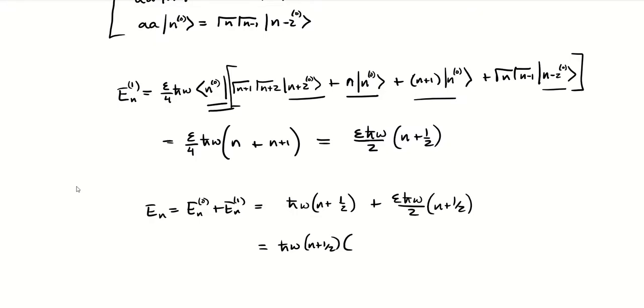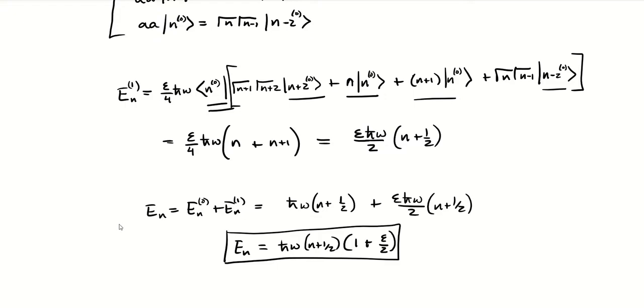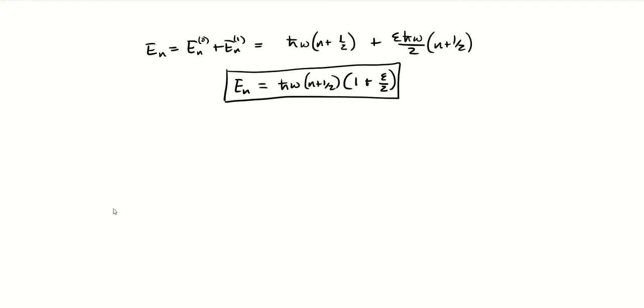If we factor that out, we end up with 1 plus epsilon. Sorry, epsilon over 2. Right, forgot about this 1 half. So we have our first order correction to our energy eigenvalues.